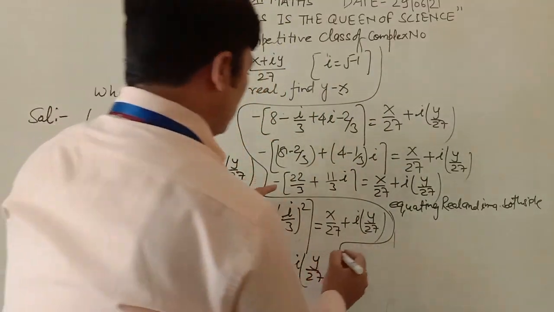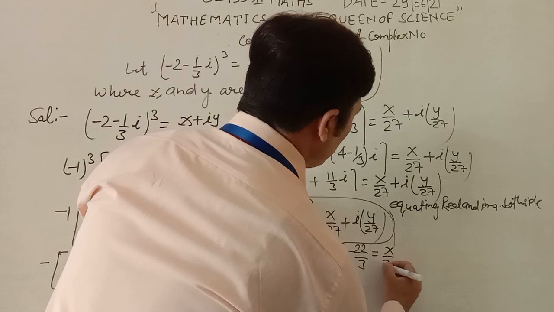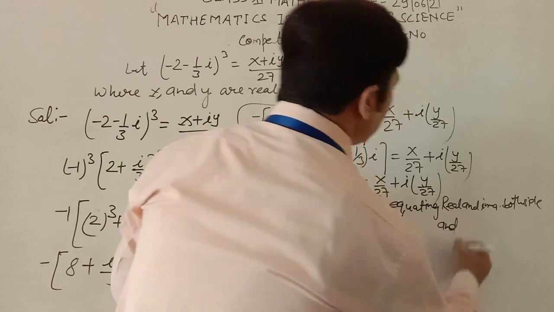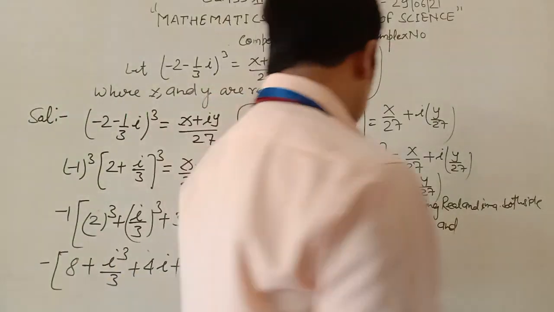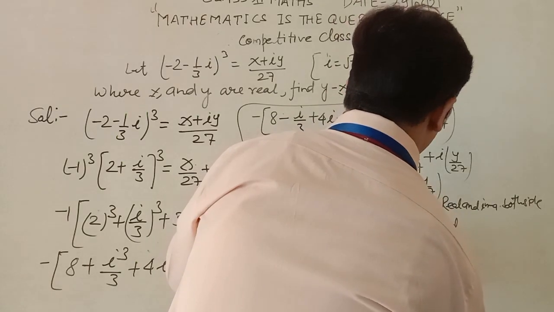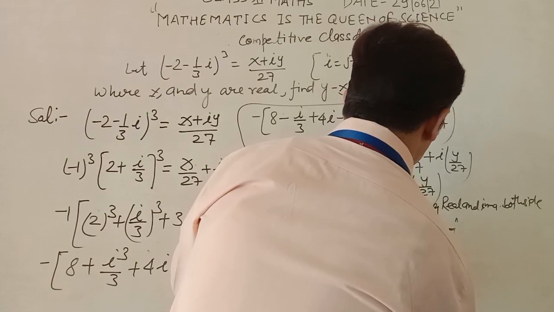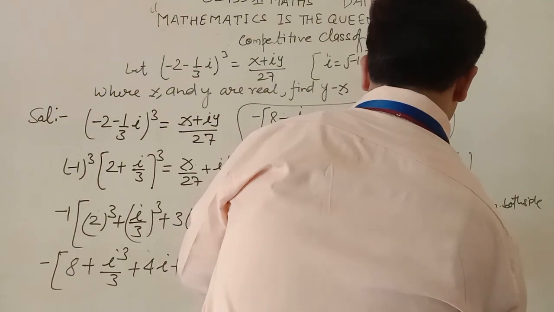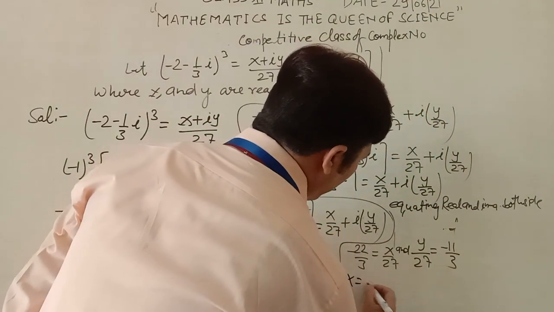You will get minus 22 upon 3 is equal to x upon 27, and y upon 27 is equal to minus 11 by 3.